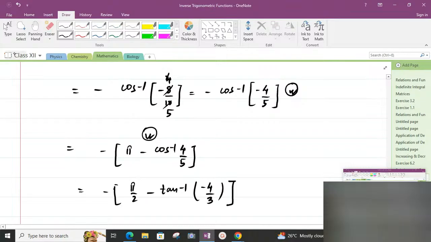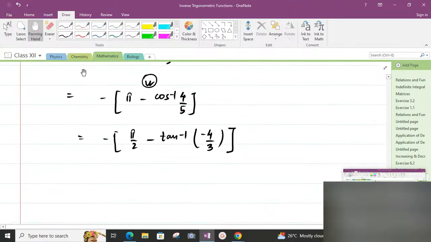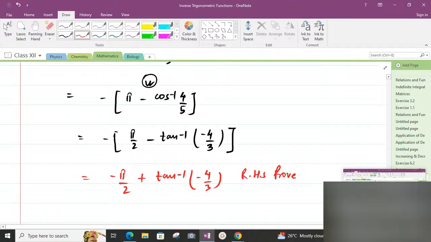So the final step will be minus pi by 2 plus tan inverse minus 4 by 3, which is RHS. Proved.